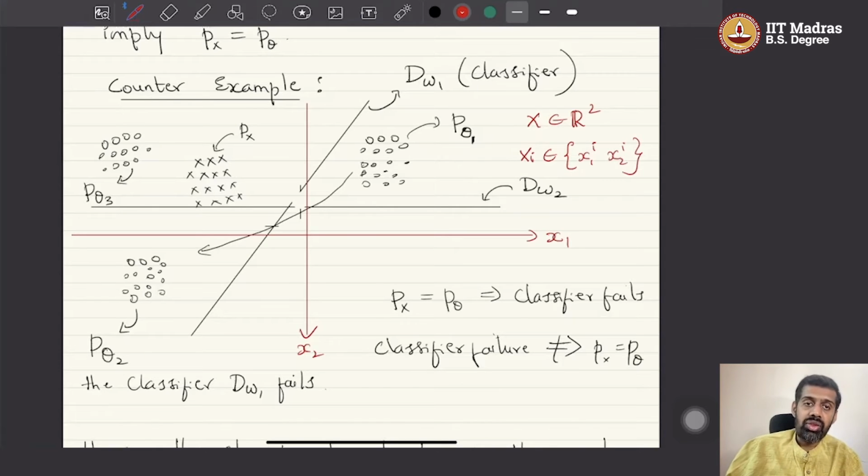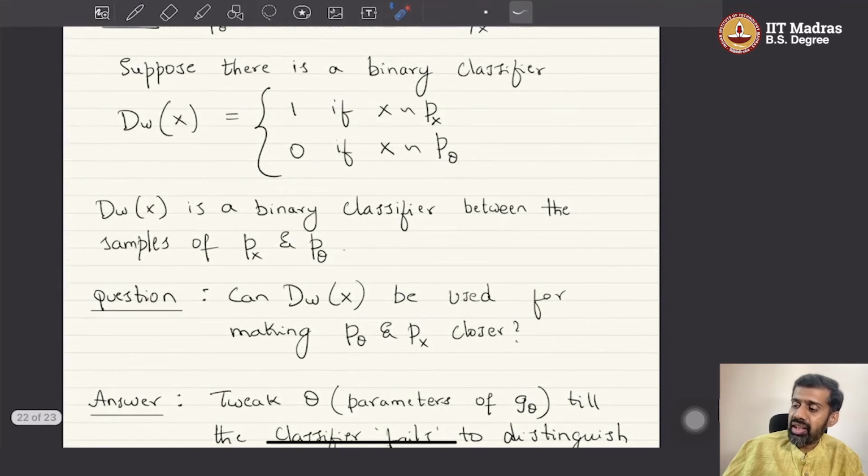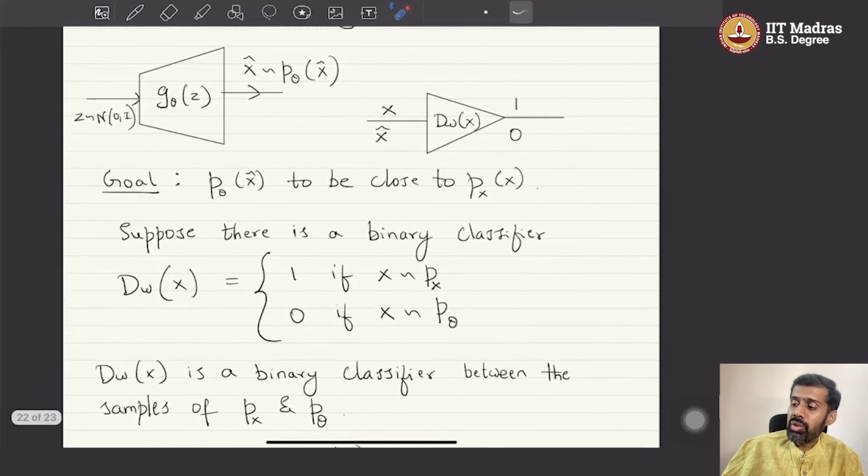So the idea is the following, right? Suppose you want to make p theta close to px, you can use a classifier to do so. The idea is to build a classifier that would distinguish between samples of px and p theta and keep tweaking the parameters theta till a point where the classifier fails.